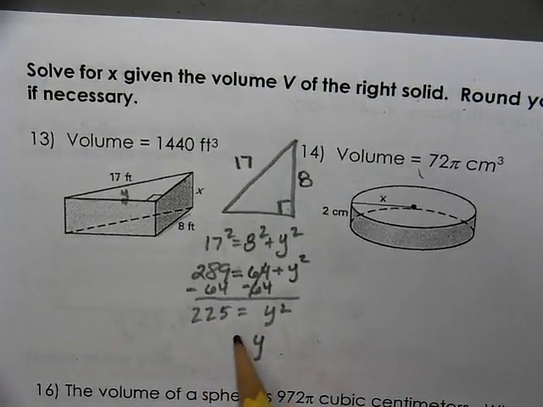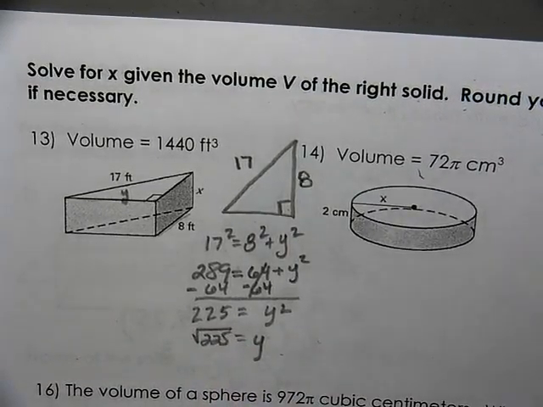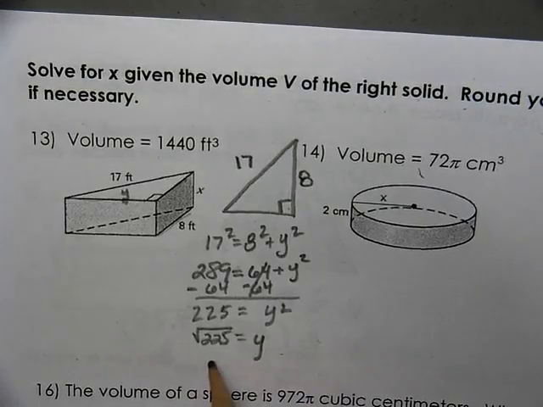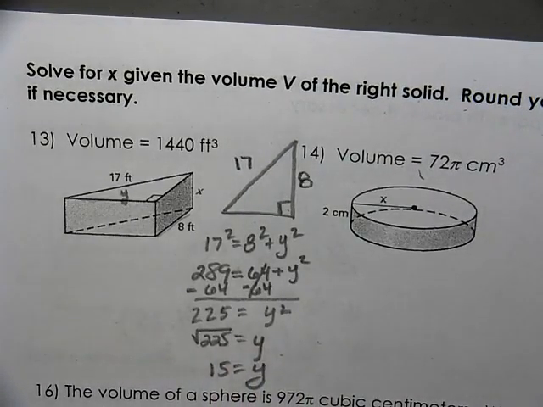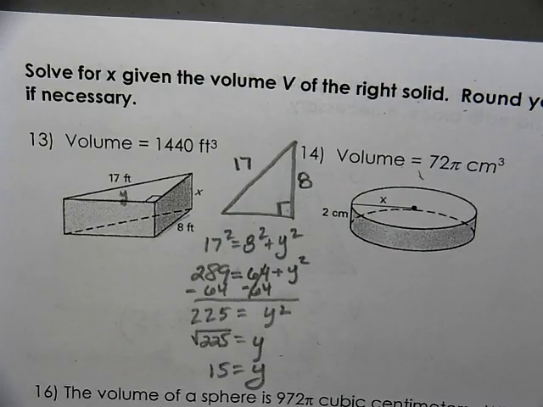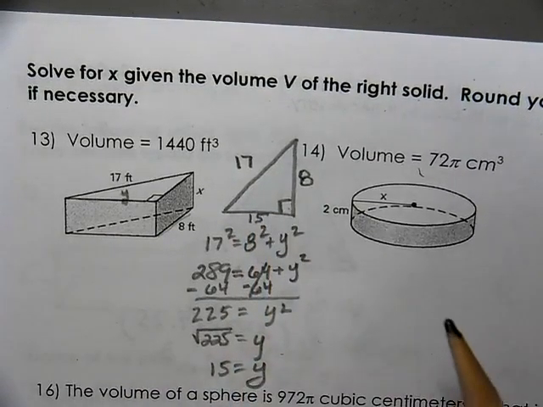And we'll notice that when we take the square root of 225, we get 15. So our missing side length is 15.